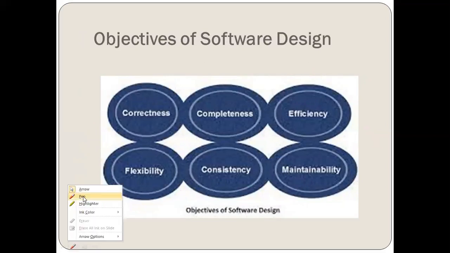Now, what are the objectives of software design? The objectives are, the design should be correct. Correct means, as we have seen, the design is based on the SRS, which is based on the customer requirements.